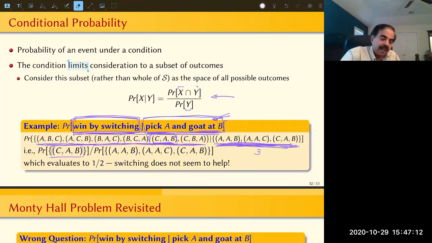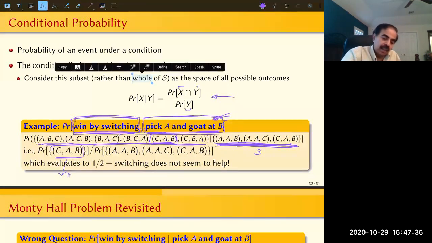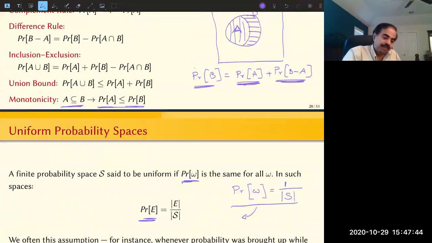Again, you can go back and look at it. So you will find that the probability of this outcome CAB happens to be... I guess there's no sense in me telling you. Let's just remember what CAB is, because these three we have already marked on the picture, and see what is the probability of CAB.